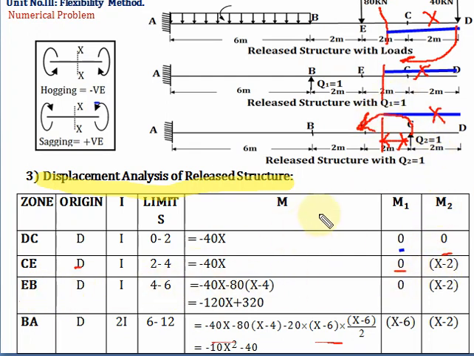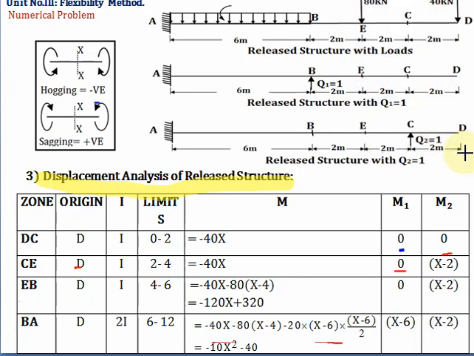Now we'll consider the next portion. We'll take the next section in the next portion, that is EB. We'll measure x from where?